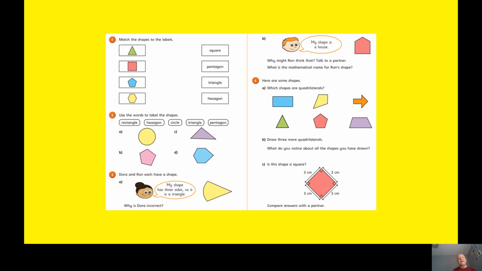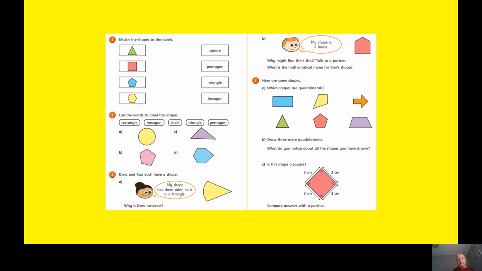Is that a triangle? Think about what are the properties of triangles. And on that one as well, the second part, this person says their shape is a house. Is it? Have a think. Is that the name of a shape? And then finally, you have to decide which shapes are quadrilaterals, that is, have 4 sides, and which do not.